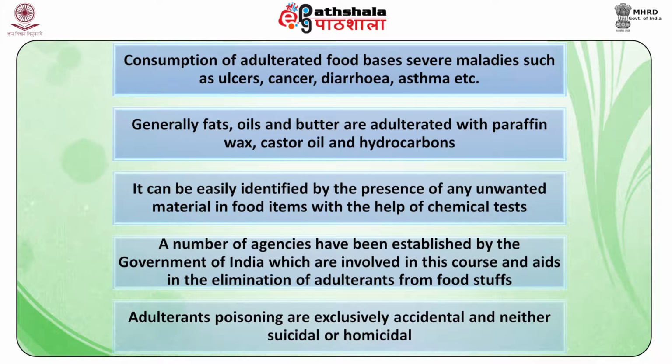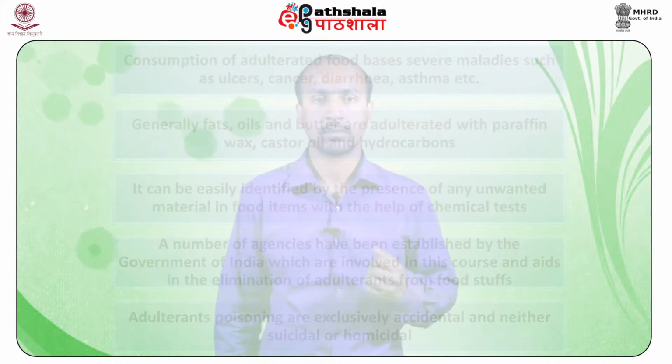A number of agencies have been established by the Government of India which are involved in this course and aid in the elimination of adulterants from foodstuffs. Adulterant poisonings are exclusively accidental, and neither suicidal nor homicidal.